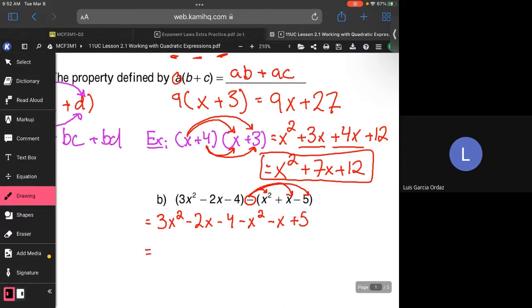Now, what do I have to do next? Olivia? Collect like terms. When you collect like terms, you can either underline them in different colors or just literally collect them and put them beside each other. So I'll do it both ways. My first like terms are 3x squared and minus x squared. What's my next set of like terms?